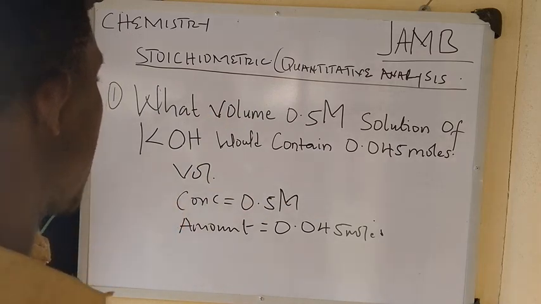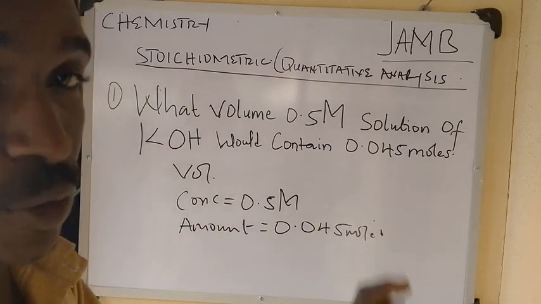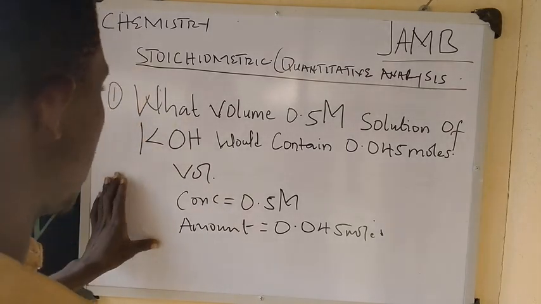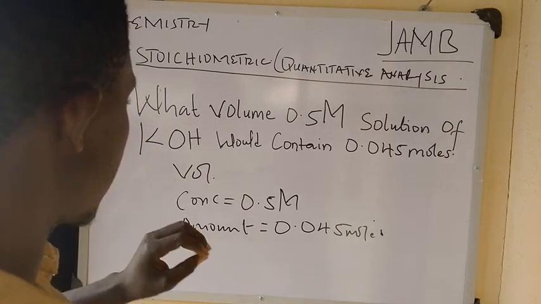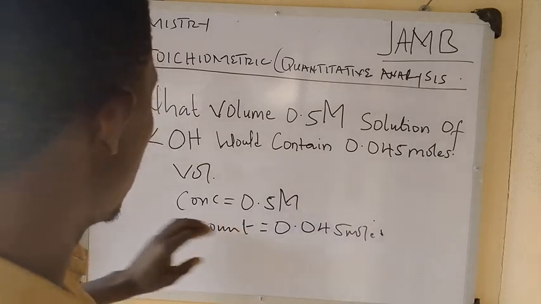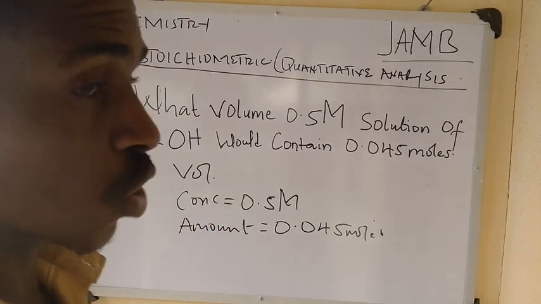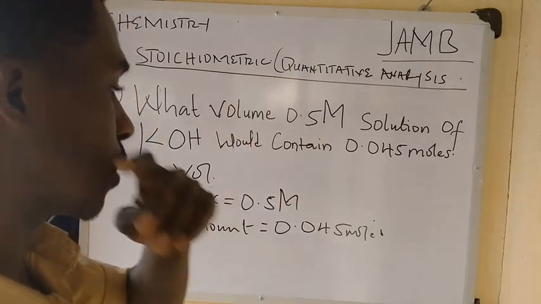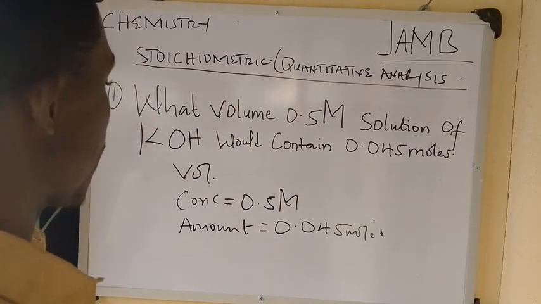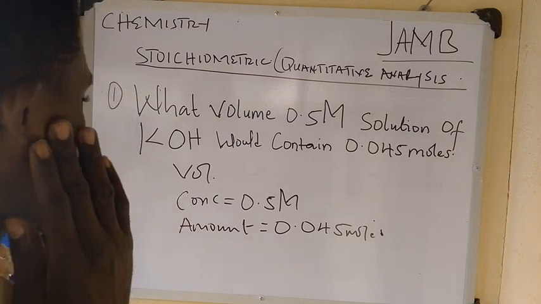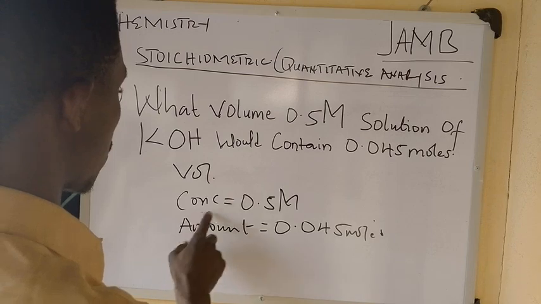Or is it the one that says amount is equal to concentration times volume? If you look at these three formulas, you will understand that we are using the number 3 formula, which says that amount is equal to concentration times volume. Why am I using that? Because amount is concentration times volume.